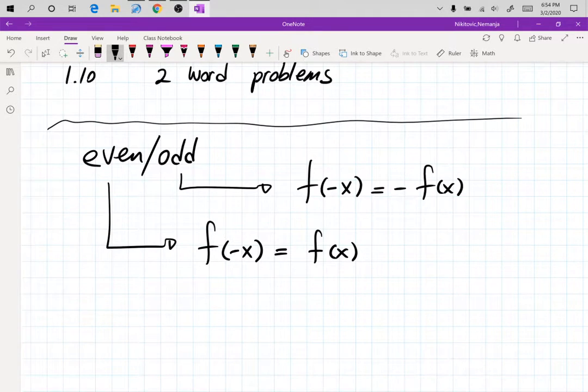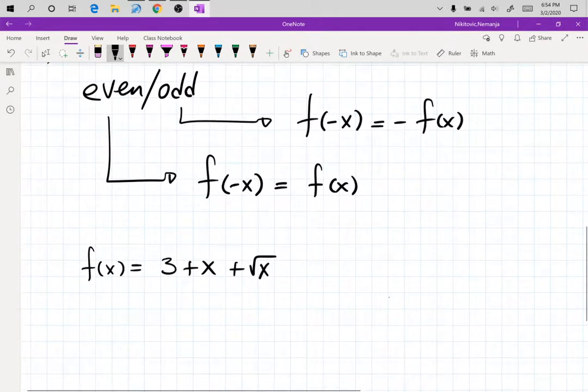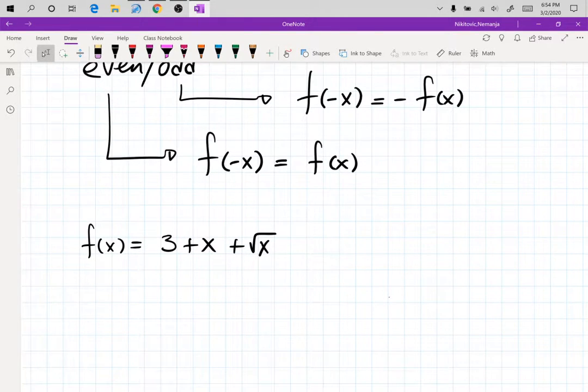So if I have a function which says, let's say, f of x is equal to 3 plus x plus square root of x, we can test for even, test for odd, and if neither of those two works, then we just say it's neither.